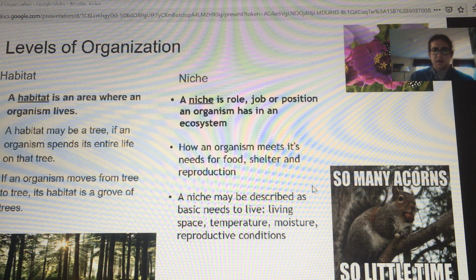So that could be being a predator. It's sort of what within the habitat that organism does. So meeting the basic needs to live, living space, temperature, moisture, it's the ideal conditions for a species.